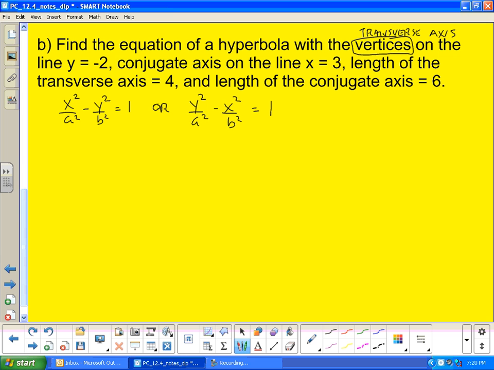Okay, so if the vertices are on the line y equal negative 2, that means my transverse axis is horizontal. Which means we know we're using that equation right there. Conjugate axis is on the line x equals 3, vertical.